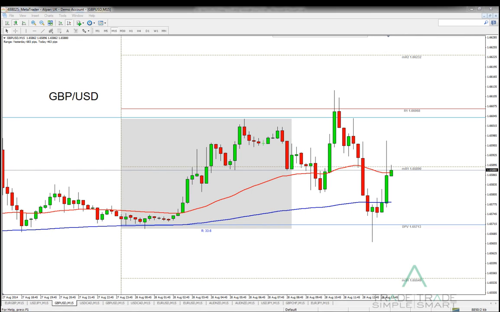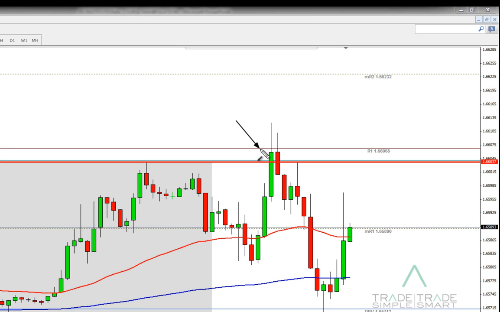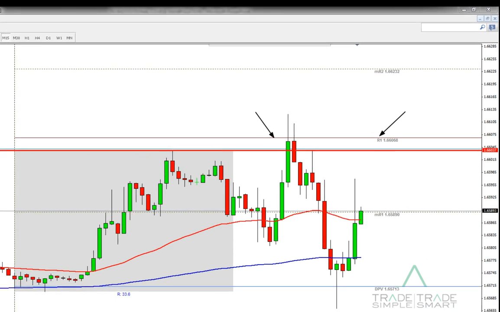Okay, in this example we're looking at the pound against the US dollar, and I've plotted the pivot points for the current day's session. So we have the central pivot point at 165.71, and then we have the mid and also the resistance and support ranges accompanying it. We can see that the high of the Japanese session has been violated, inducing traders into the wrong side of the market, but at the same time they have also pushed prices through the R1, or resistance 1, point of the pivots.